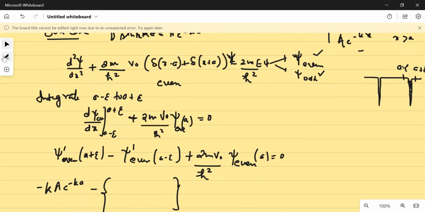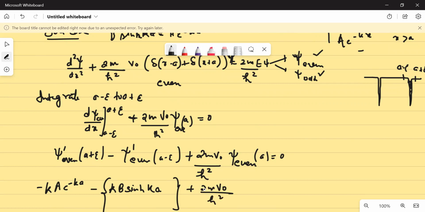So this will be minus kb sinh(ka), and then you have plus 2mV₀/ħ², and then what is ψ even at A? You can take any one of them. If I take this, there's no problem, because ψ at A can be written as ψ of A minus epsilon, or you can write ψ of A plus epsilon, one and the same thing.